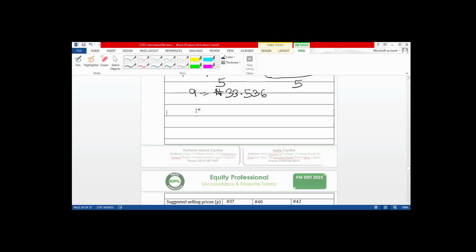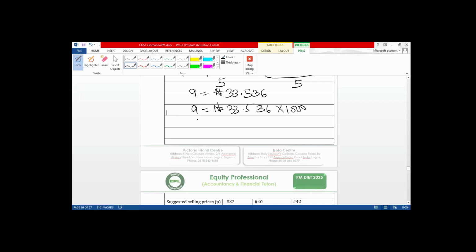I will now come here and pick this. A is equal to 33.536 approximately, multiplied by 1,000.